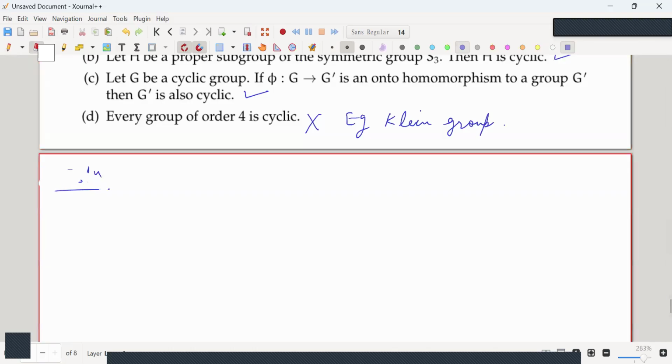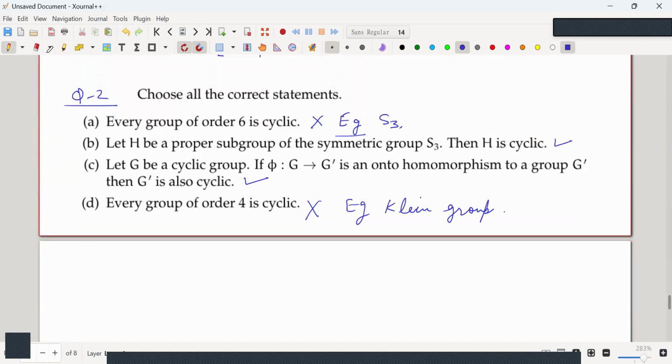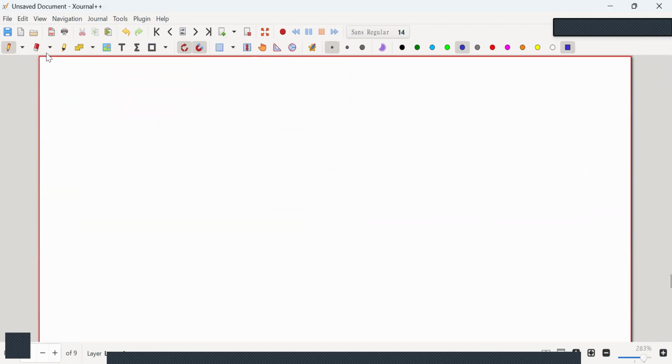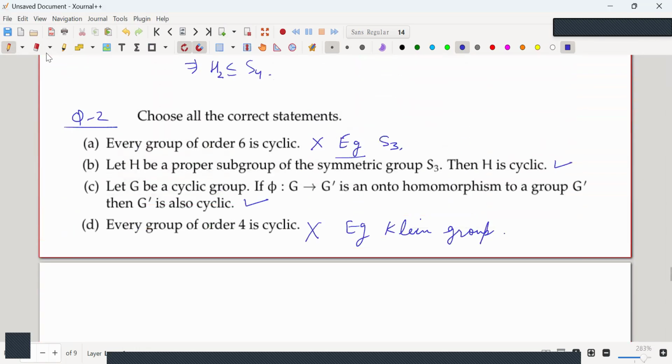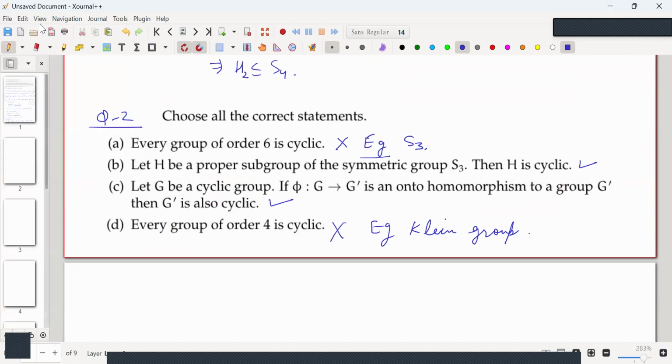In fact, you have the same set of examples, but this gives you one statement that you might be missing, I guess. Every group of prime order is cyclic, and I leave it to you to prove this statement.